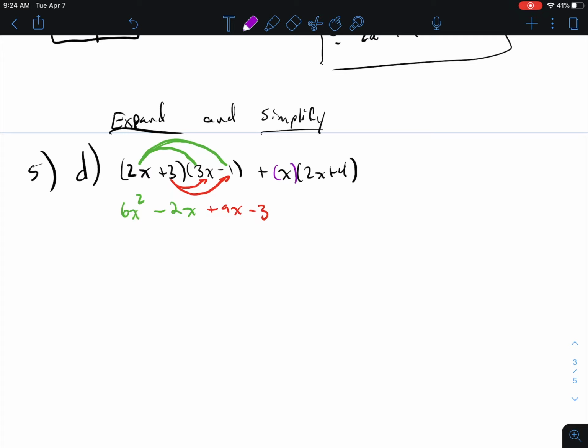This is sitting in the brackets by itself, there's no number on this one. So I can go x multiplied by 2x, and x multiplied by 4. X times 2x is going to be positive 2x squared, and x times 4 is going to be plus 4x.